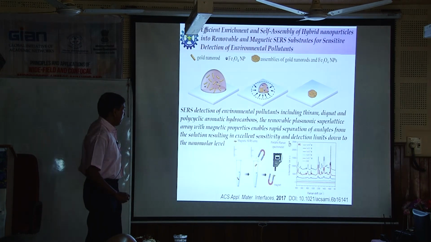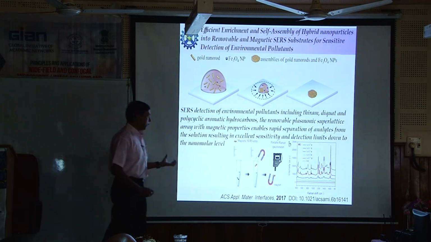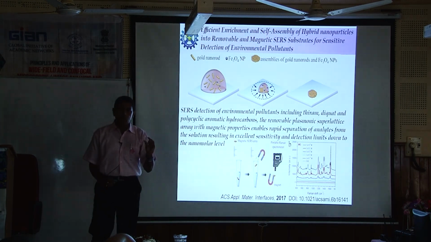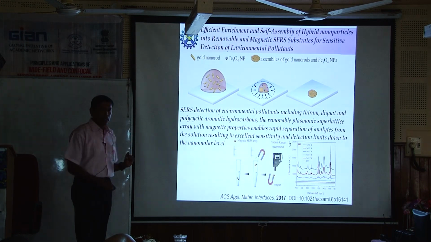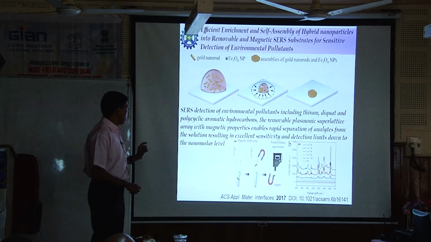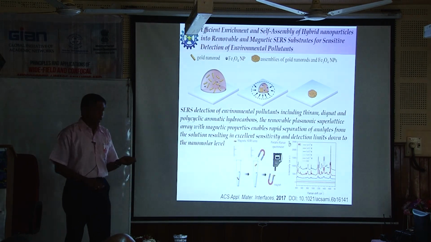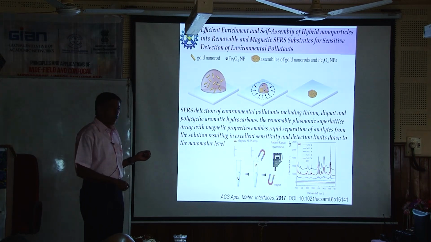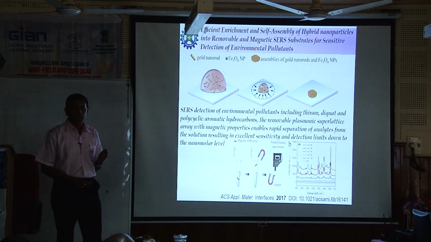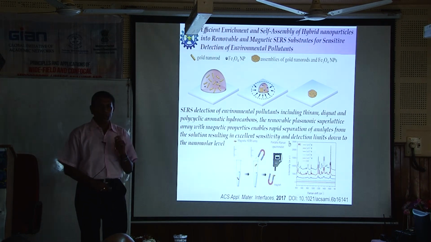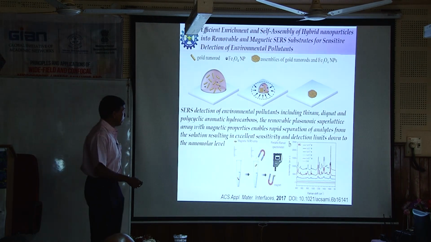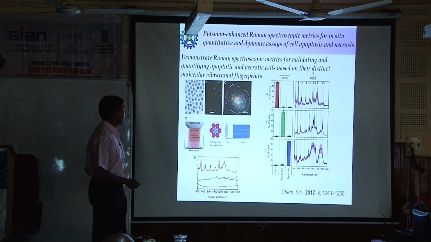Since it is a magnetic nanoparticle, first you make it into a tablet. You use this tablet in the solution you want to check, either aqueous or solid, then pull out the tablet with a magnetic bar, where the pollutant is absorbed on it, and check with a handheld Raman, and you may get the specific pollutant very precisely. So, this is one of the recent works to check environmental pollutants.